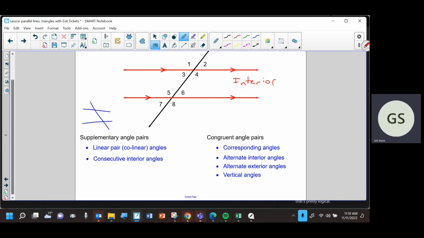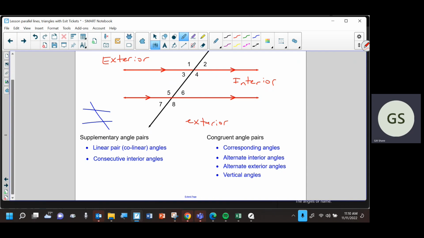So that's the interior, which will help you get the names straight so that you're not confused between memorizing all these. So exterior then would be angles that are outside of those parallel lines. So that's the first thing that will help you remember what the angles are named.